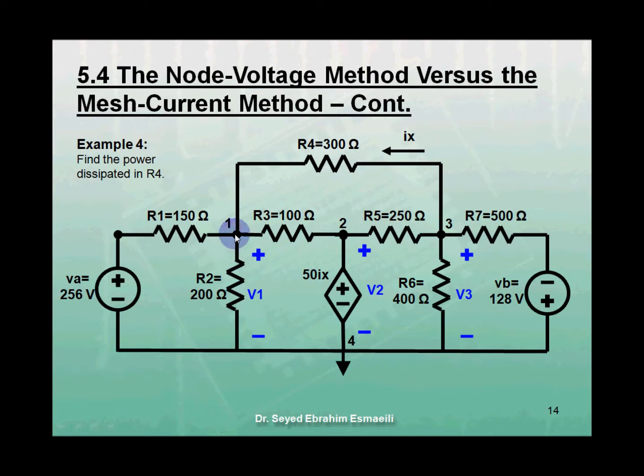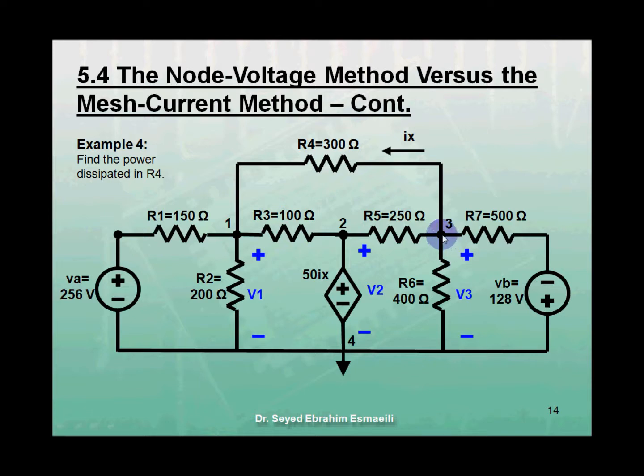At node 1, we have the following equation: (V1 minus VA) over R1 plus V1 over R2 plus (V1 minus V2) over R3 plus (V1 minus V3) over R4 equals 0.